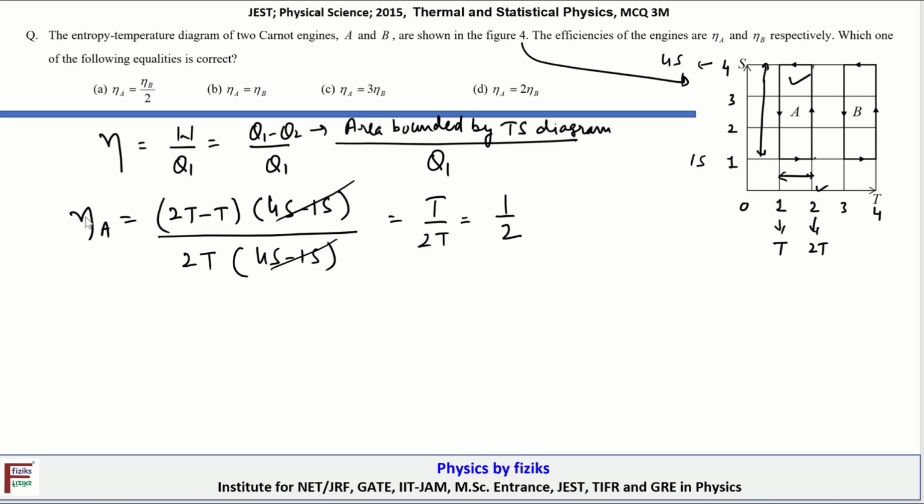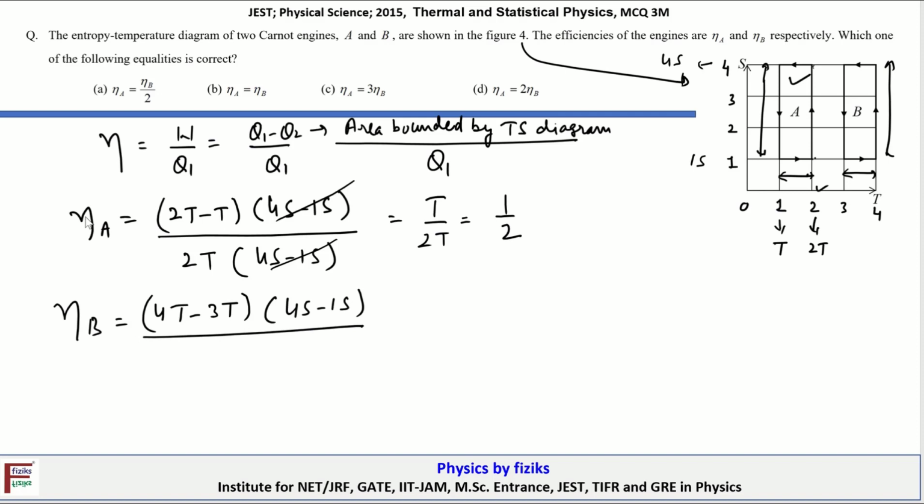Similarly, we can determine the efficiency of heat engine B. Again now we have to consider this difference, that is equal to 4T minus 3T, which will give us this length. And then we require this length which is same as in the previous case, that is 4S minus 1S. Now this product will give us the area bounded by the TS diagram. Now divided by the corresponding Q1.